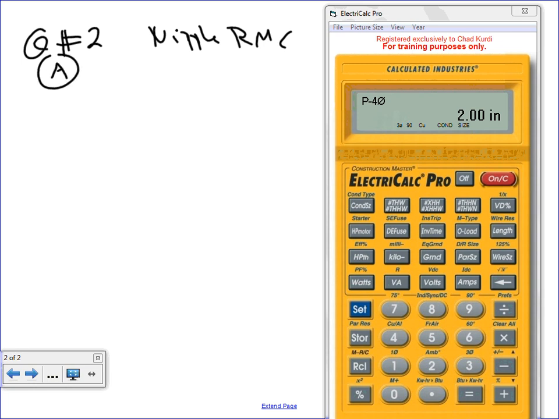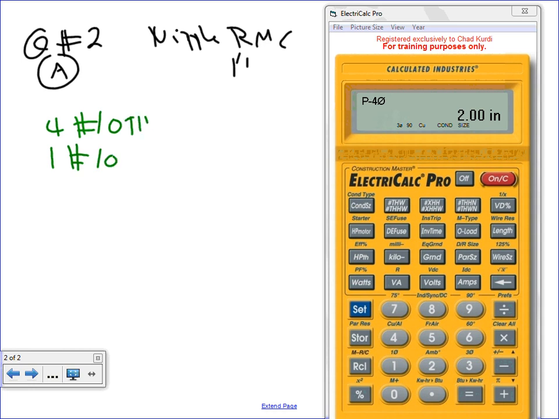For A, it's the rigid nipple conduit, and it's 1 inch. So how many conductors can I add to it if it has 4 number 10 and also 1 number 10 bare?